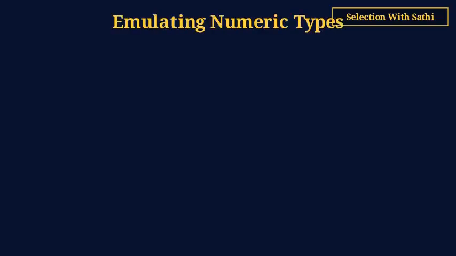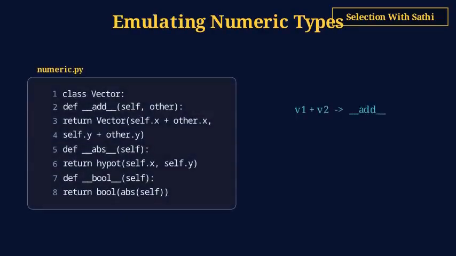You can also emulate numeric types with special methods. __add__ enables the plus operator. a plus b calls a.__add__(b). __mul__ enables multiplication. a times b calls a.__mul__(b). __abs__ makes abs work, useful for computing magnitude.